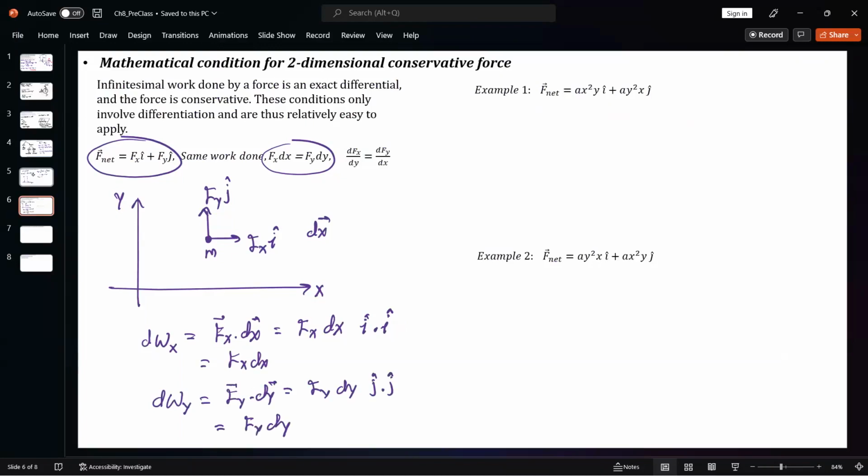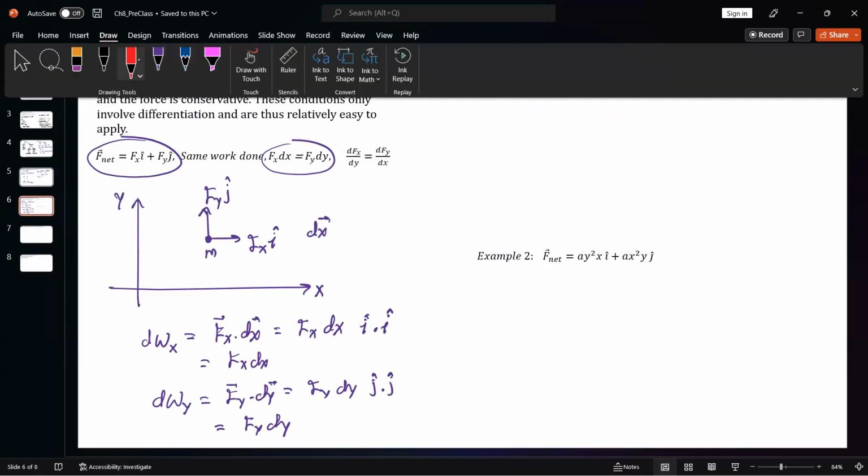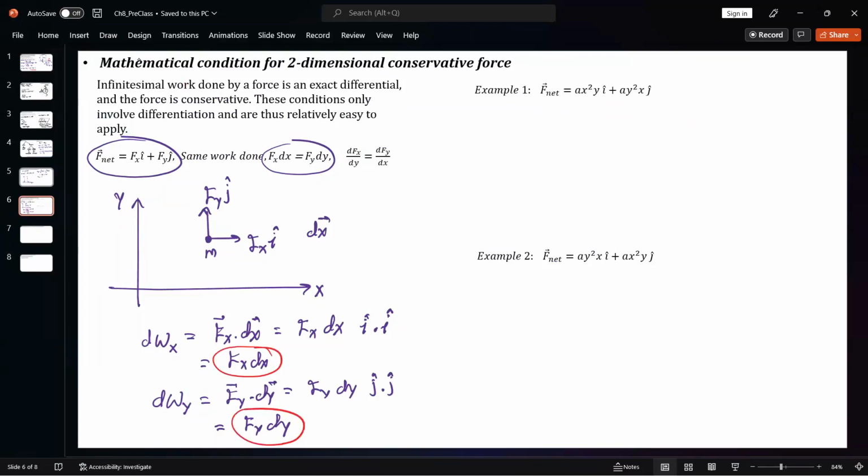Now, I calculate these two really, really tiny, infinitely small changes due to these two forces, because this is happening simultaneously, right? Two forces acting on the object simultaneously. So that's where the partial derivative actually comes into the picture. In such motion, if these two are equal to each other, then we call such a force a conservative force, which means energy must be conserved under such a force.